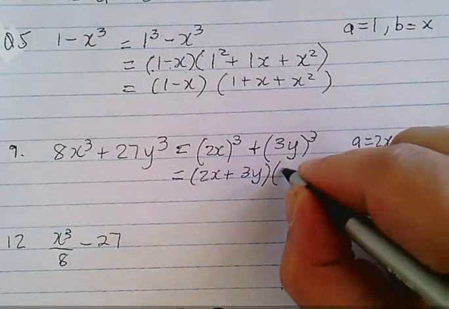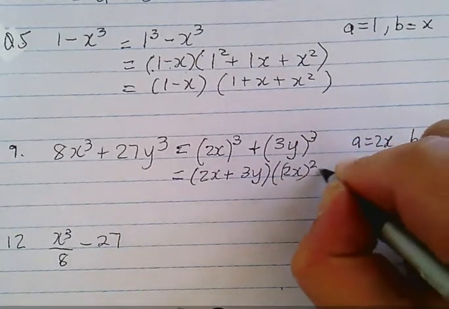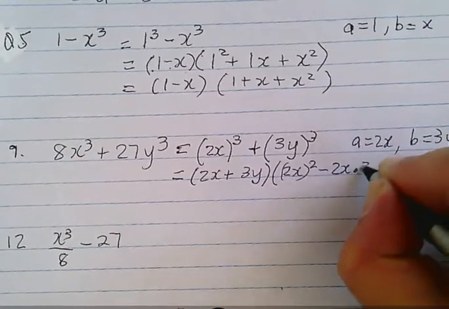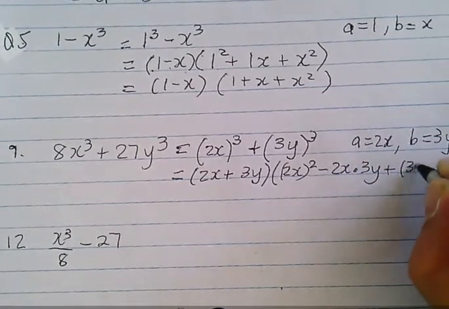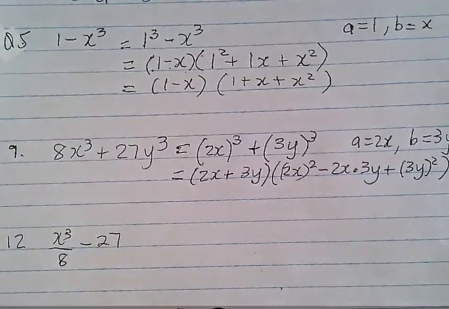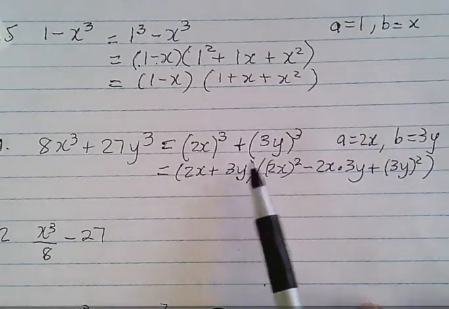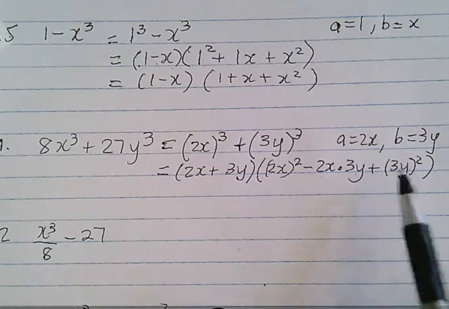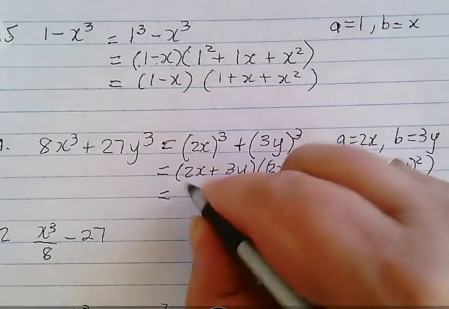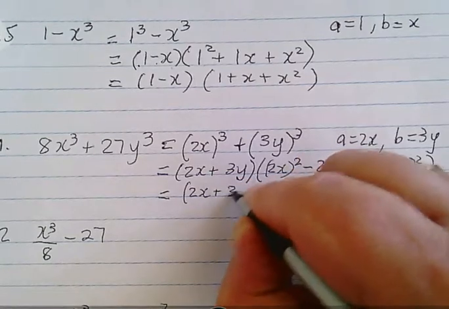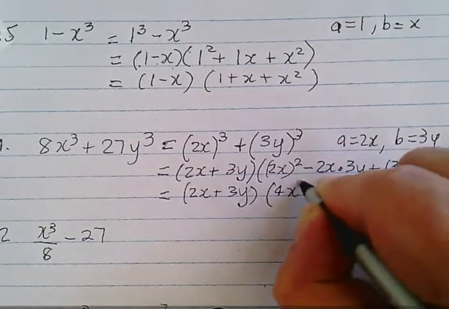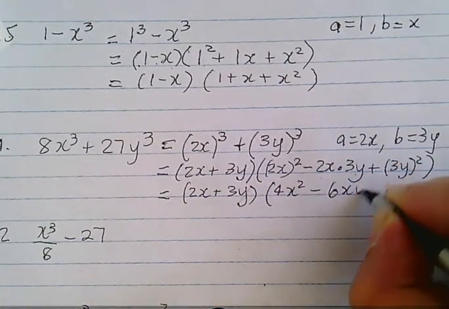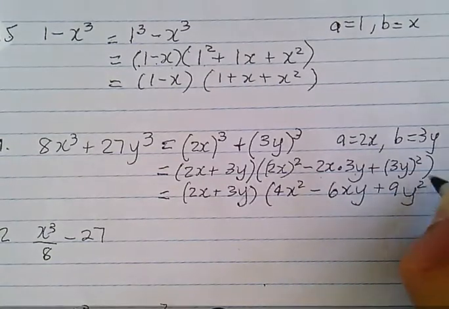So then we've got a squared minus a times b plus b squared. So I've got 2x plus 3y, 2x all squared minus 2x times 3y plus 3y all squared, which is 2x plus 3y, 4x squared minus 6xy plus 9y squared.